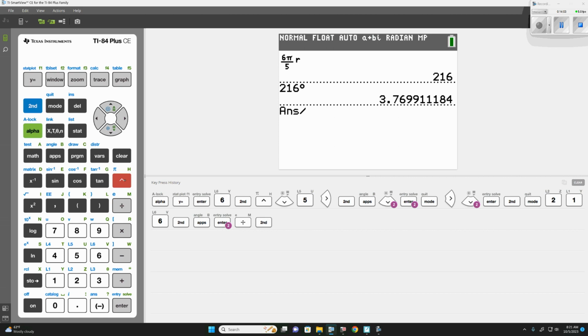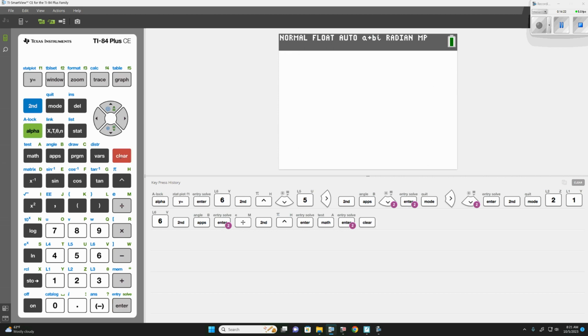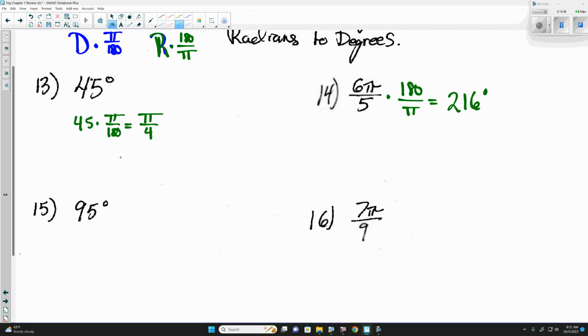If I divide it by pi, we get this, and I can say math, enter, enter. Okay, it is indeed 6/5. We can put the pi back in there. That's even longer than just multiplying 216 by pi over 180. So it is possible to do them in the graphing calculator. I would not advise it for these. They're a lot easier elsewhere.